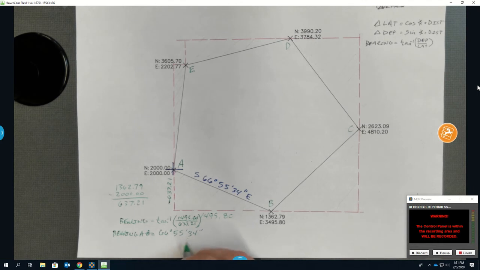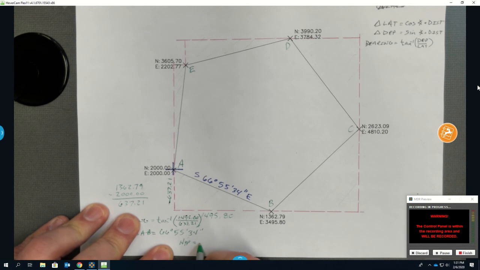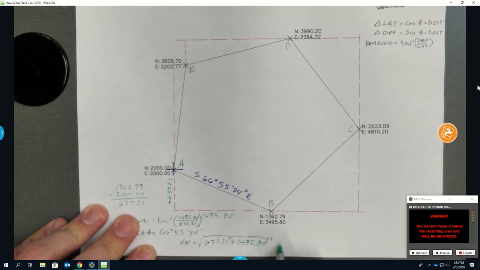All right, so we're looking for the hypotenuse, and we're going to have the square root of 637.21 squared plus 1495.80 squared, and that is going to equal what?